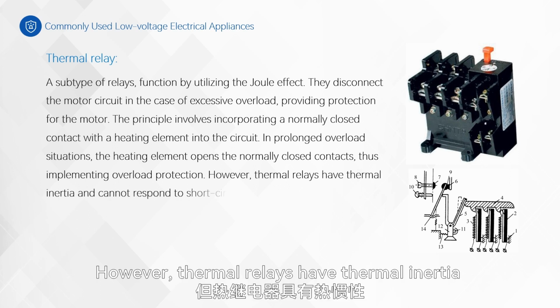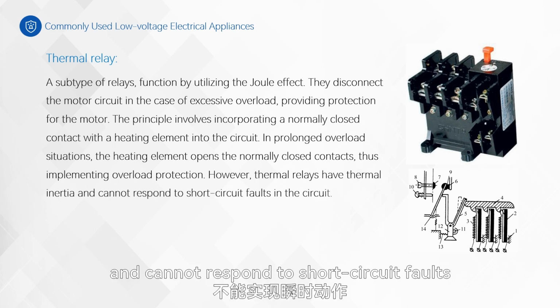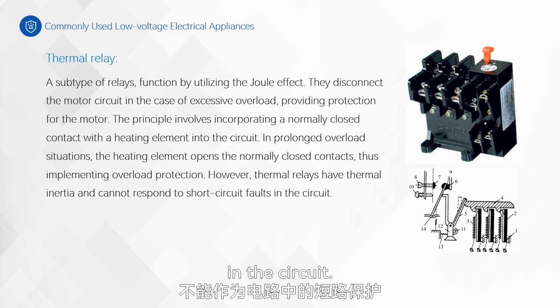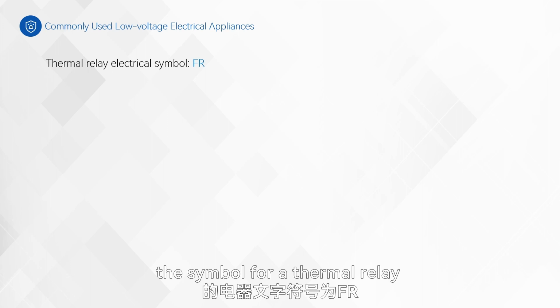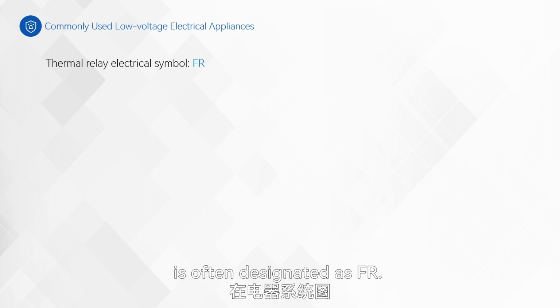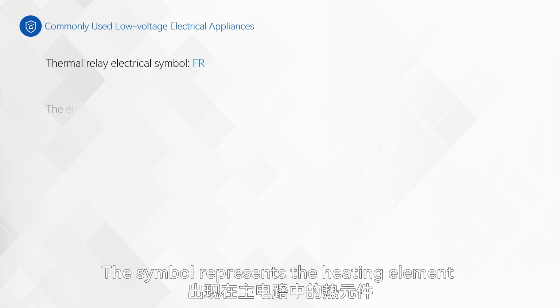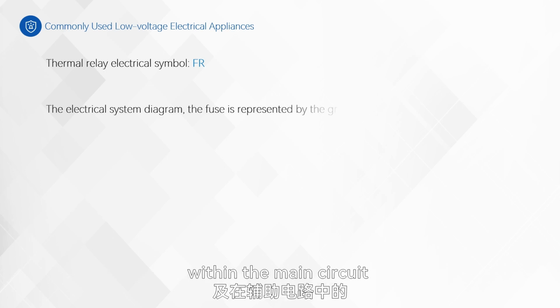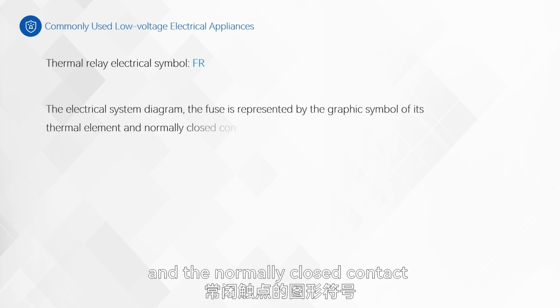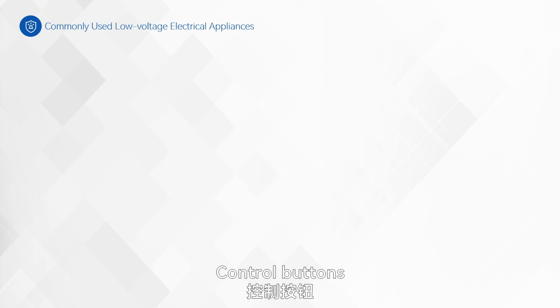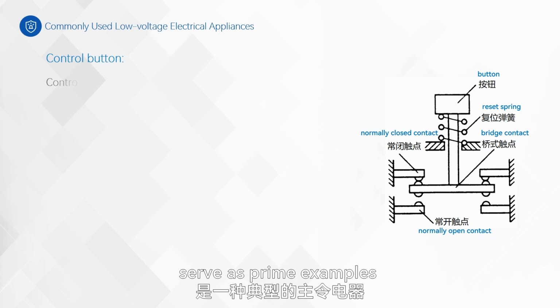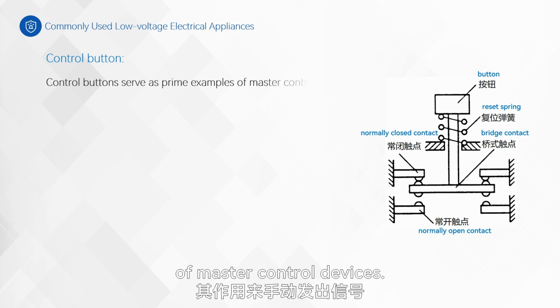However, thermal relays have thermal inertia and cannot respond to short circuit faults in the circuit. In electrical diagrams, the symbol for a thermal relay is often designated as Fr. The symbol represents the heating element within the main circuit and the normally closed contact in the auxiliary circuit as you can see.